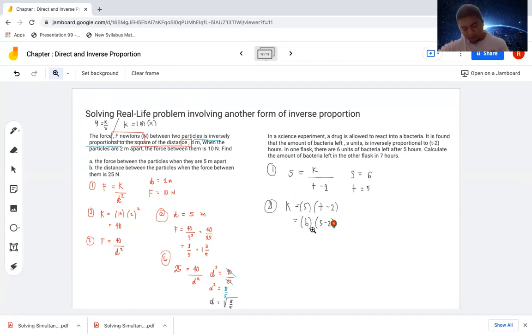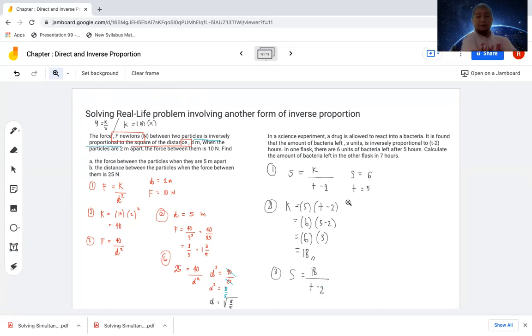If we simplify this one, this is going to give 6 times 3, which eventually will give us 18. So we now know that the value of K is equivalent to 18. And then we are just going to plug it in again to the equation: S equals 18 over T minus 2.